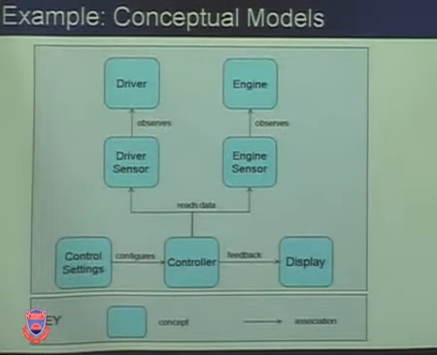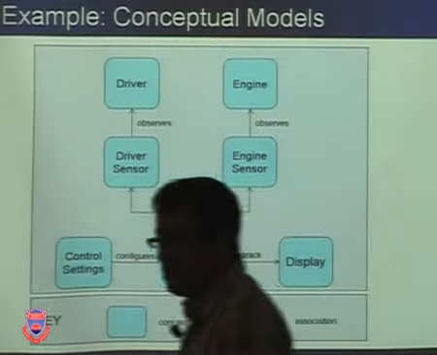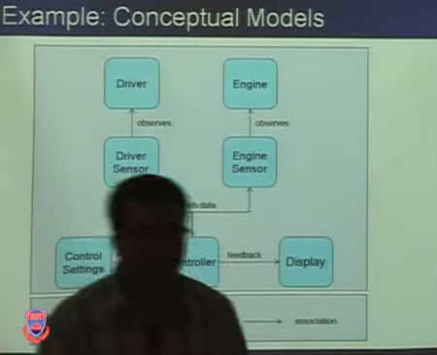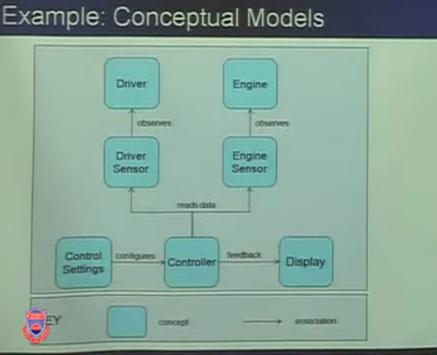Conceptual model. In the related knowledge sources, you have identified the concepts, but you can also get knowledge about the relations. Based on that, you can define the structure, the conceptual structure. For example, this is the driver monitoring system. It's a very high-level conceptual model. We have a driver monitor.